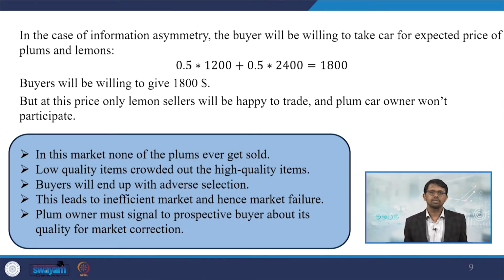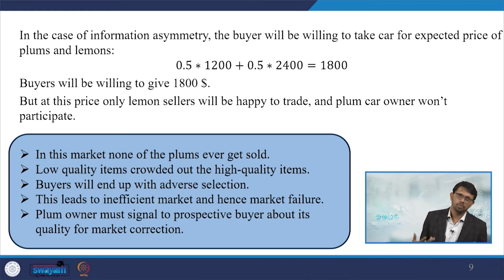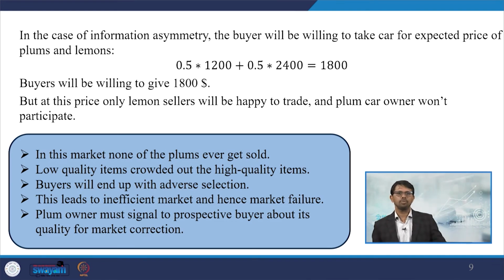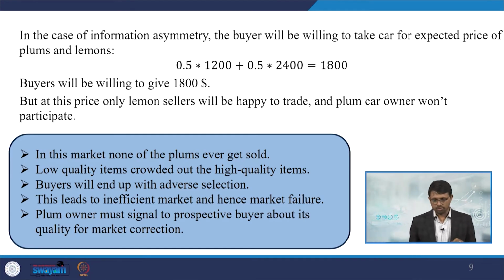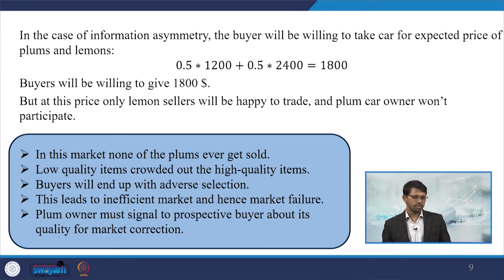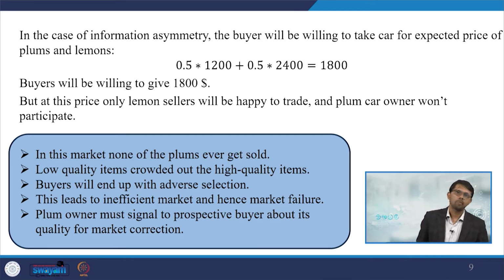In the case of information asymmetry, the buyer will be willing to take a car for the expected price of the plum and lemon, that is, let us assume with 50% probability. So, the buyer weighs 1200 for the lemon market and 2400 for the plum market, hence the expected price is 1800, which is what the buyer is willing to pay.